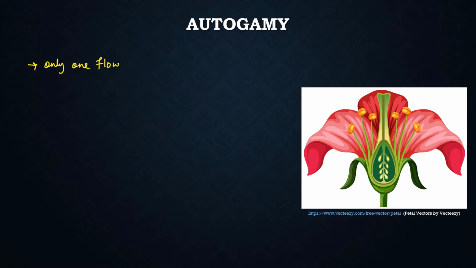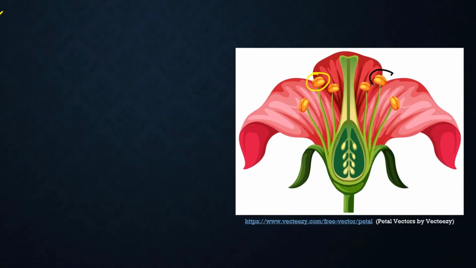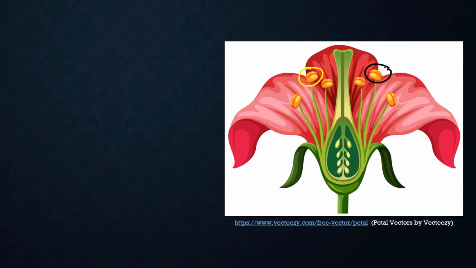As you can see in the image, this particular part is the stigma. These contain the male gamete and release the pollen grains, and these pollen grains come and settle on the stigma, this particular part.